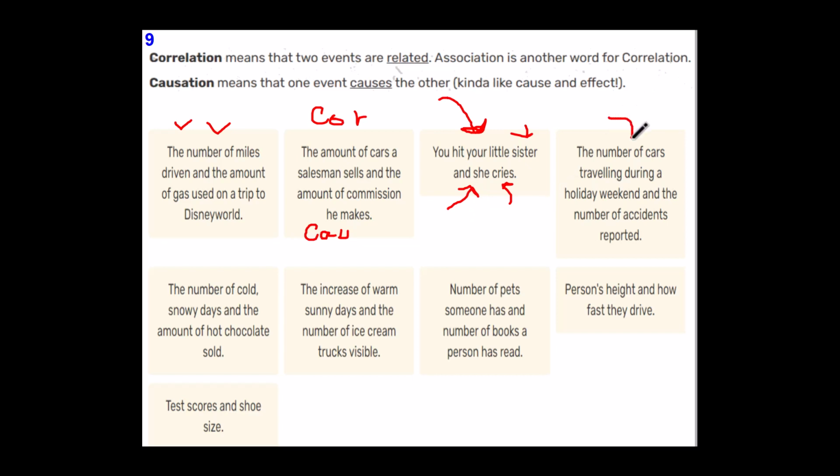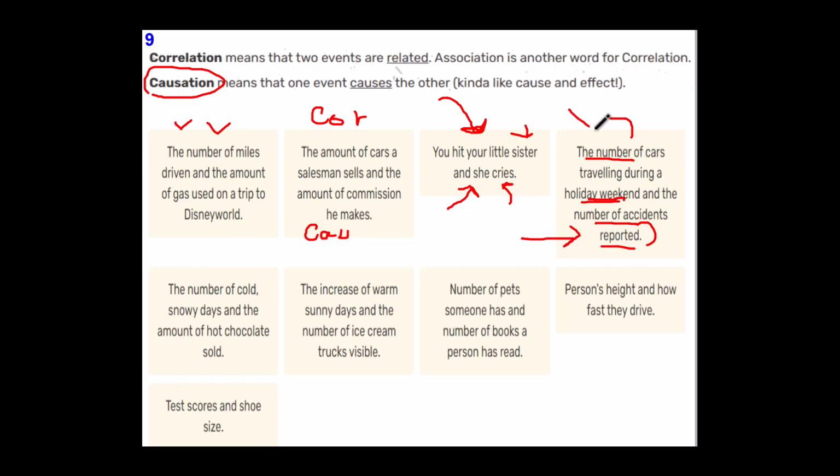The number of cars traveling during a holiday weekend and the number of accidents reported. That's both correlation and causation. But actually, no. You could argue there's no causation. Number of cars traveling, does that cause more accidents? I'm going to say, looking deep at the data, yes. More cars cause more accidents.